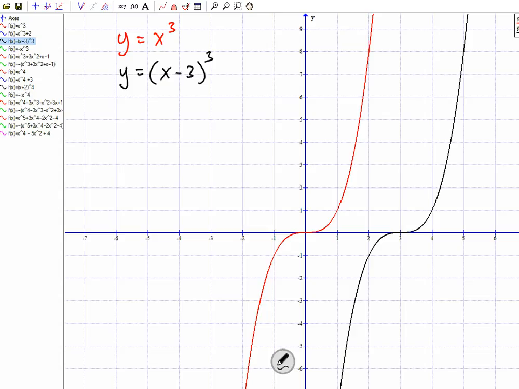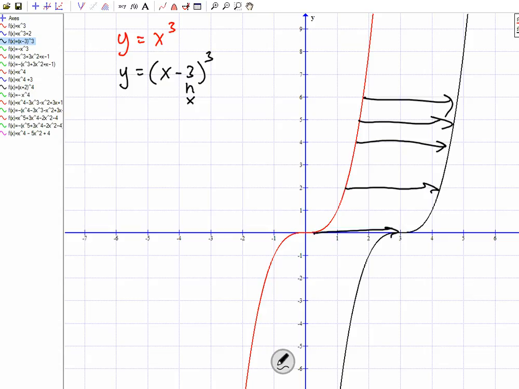So again, just like we're accustomed to, the h value, which corresponds to the x coordinate, tells us the vertex, or this breakpoint, is 3 to the right. The whole function is moved 3 to the right. No matter what point you pick on a horizontal line, the other one is 3 away.